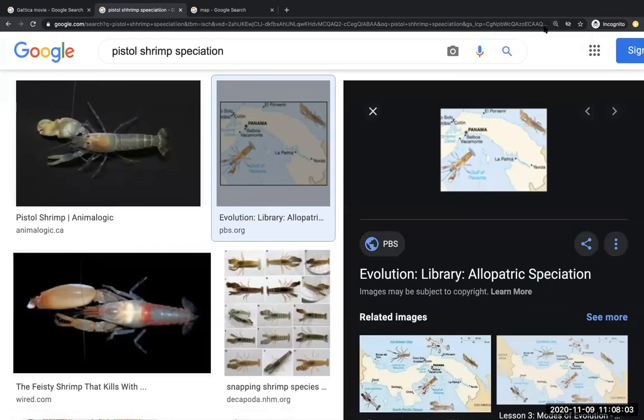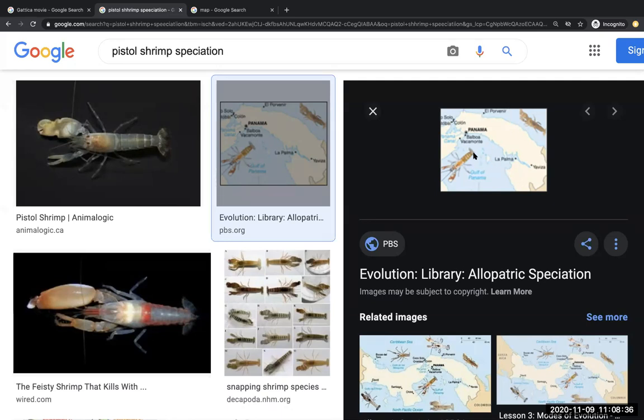Okay, so that's separating these two shrimp species. After there was this land barrier, these species diverged and they evolved separately, and now they are not able to interbreed. It took a long time. So now they cannot interbreed, therefore they're different species, but at one time they were the same species. But this is an example of allopatric speciation.